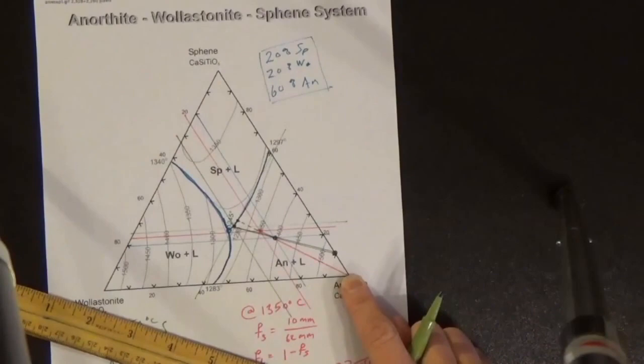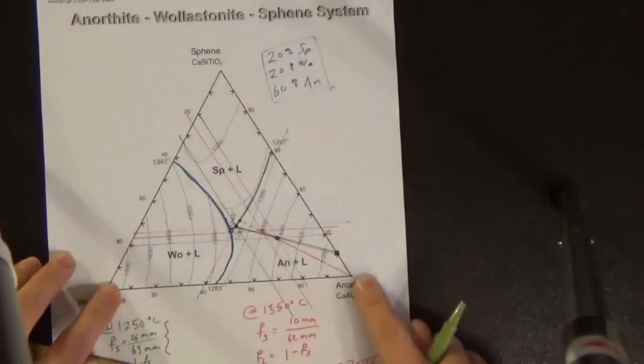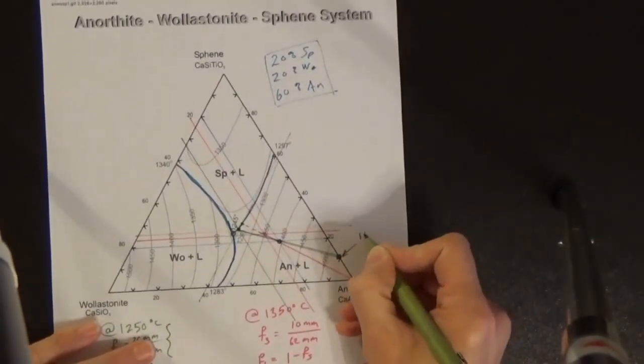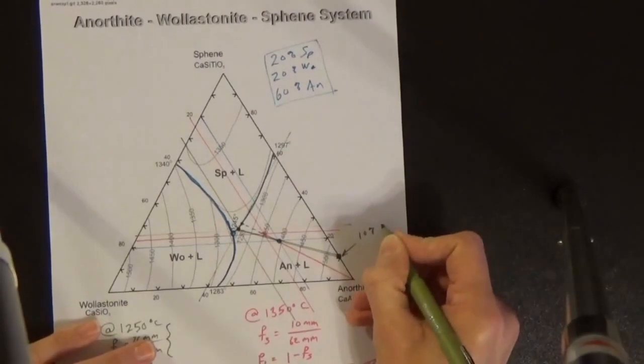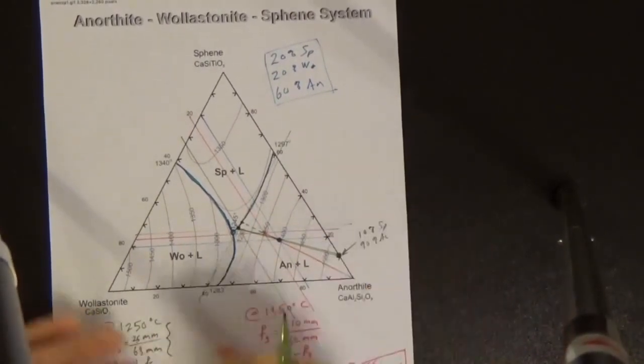Now, good news is this is a simple compositional triangle, right? It's an equilateral triangle, and we even have the numbers drawn out, which means that we have 10% SP and 90% AN.